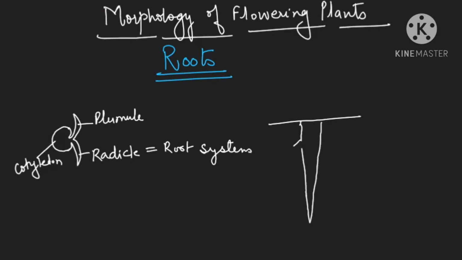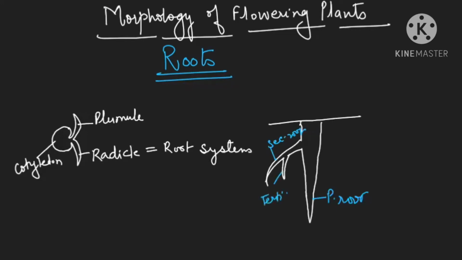This is your secondary branch, okay? Then this is your tertiary branch. So the first which is coming is your primary root, which is coming from the radicle. Then this is your secondary root. And this is your tertiary root.